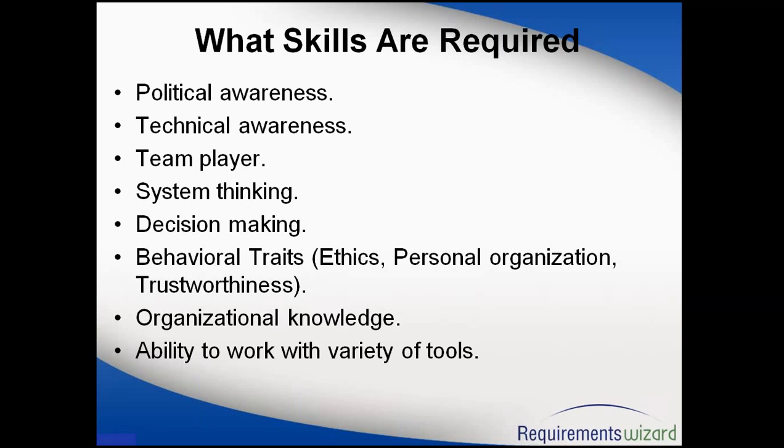Some of the more skills required: you need to be aware of how the stakeholder community is, who is more politically active, who is not, who is more influential. That doesn't mean you need to take sides, but you need to make sure that the stakeholders who have more influence are always taken care of compared to somebody who is not that influential.